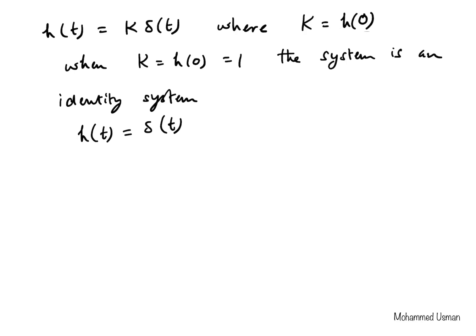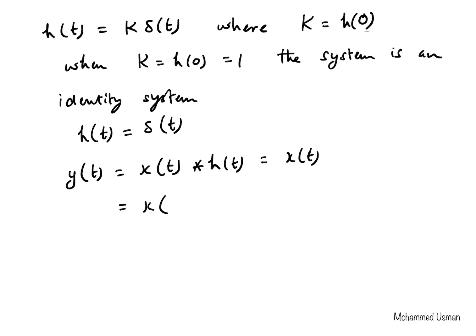Based on that, we can similarly write y of t is the convolution of x of t with the impulse response h of t, which should be x of t itself, because this is an identity system now, since we have made k equal to 1.